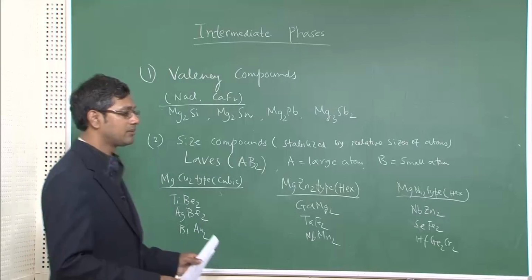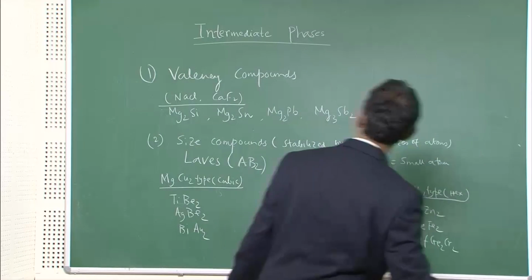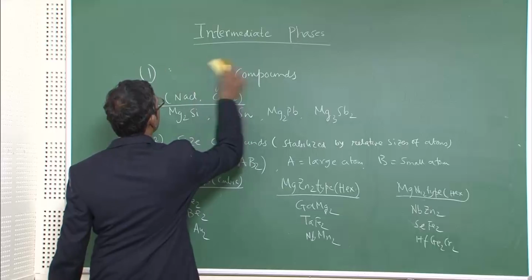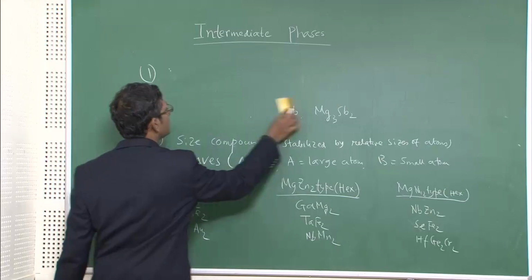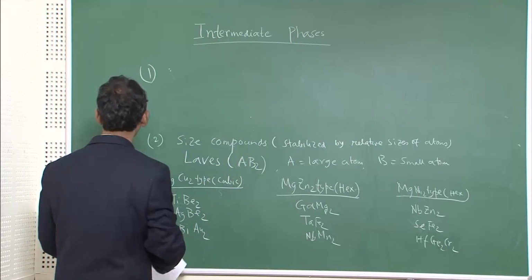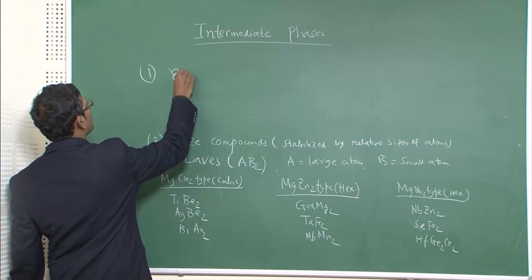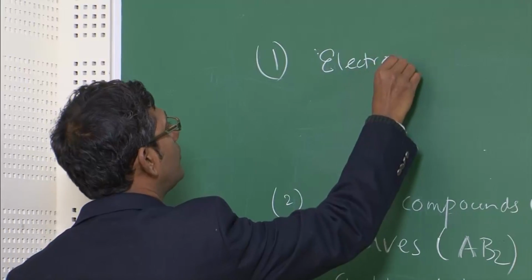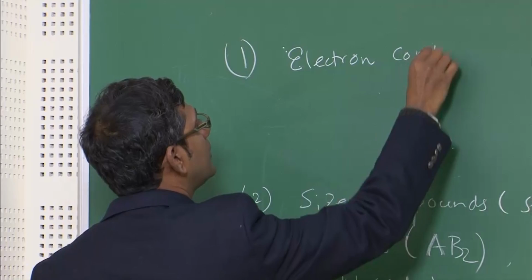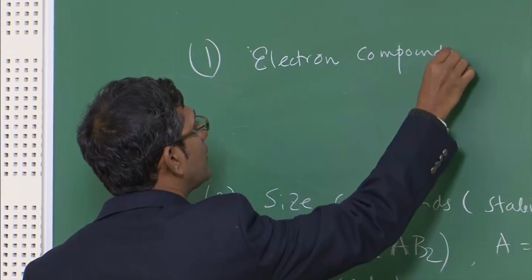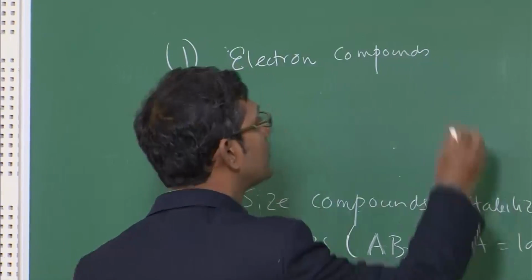The last one is called valency compounds, or electron compounds, because they are stabilized by electron to atom ratio. Electron compounds are also known as Hume-Rothery compounds.